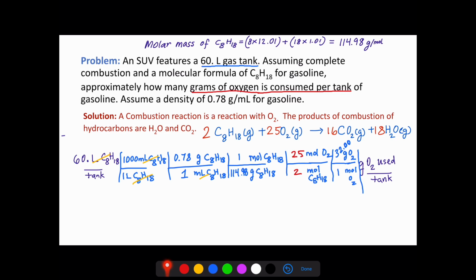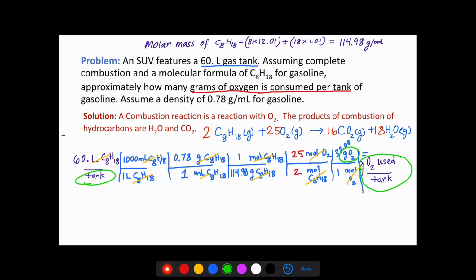So 1 mole of oxygen is 32 grams of oxygen. So the units cancel out, grams and grams, moles of C8H18 cancel out, moles of oxygen cancels out, and then you will be left with just grams of oxygen per tank. So that's the final unit you're going to be left with, grams of oxygen per tank.